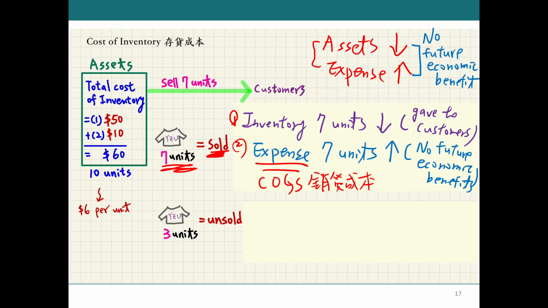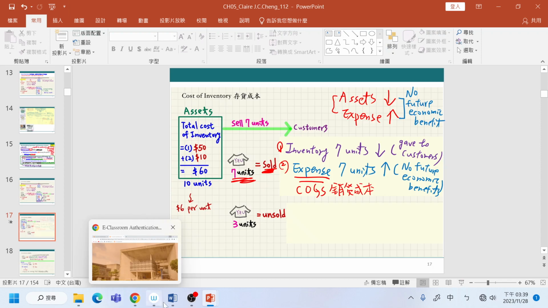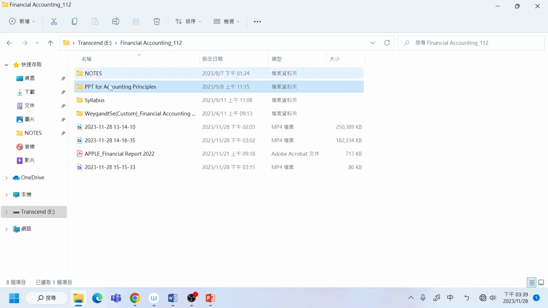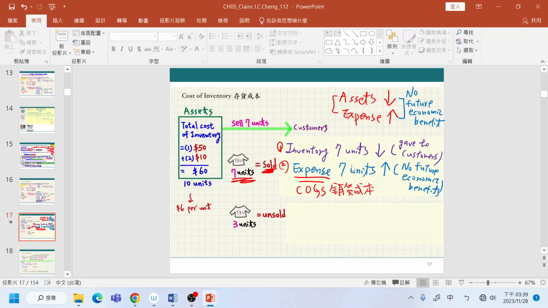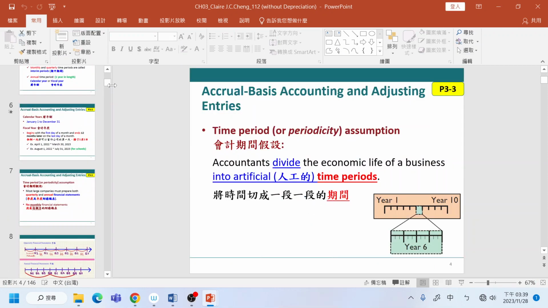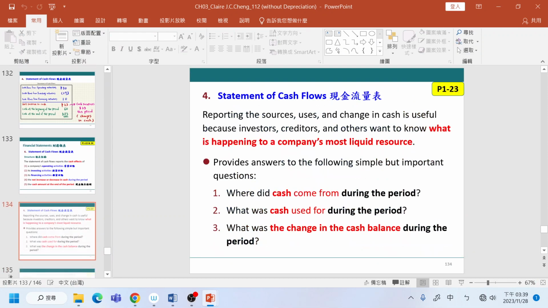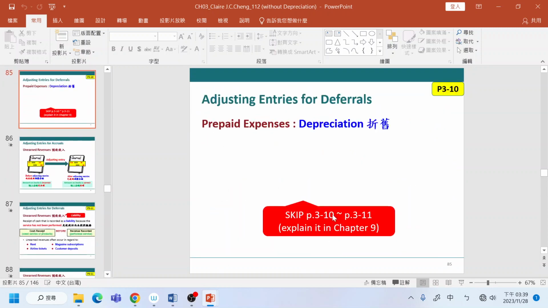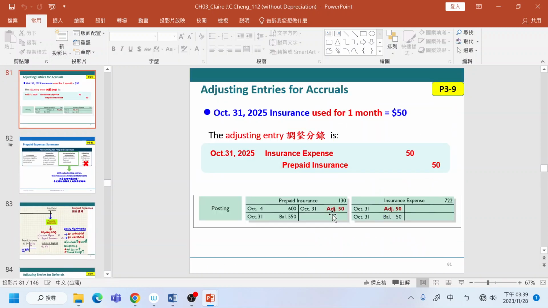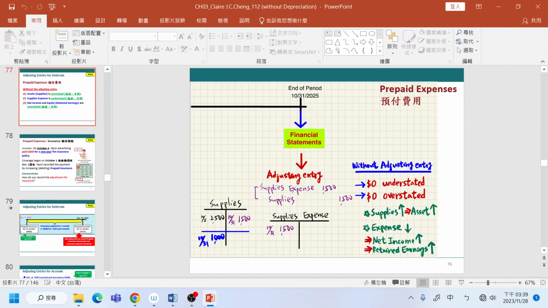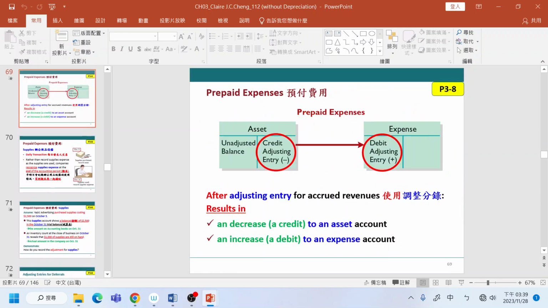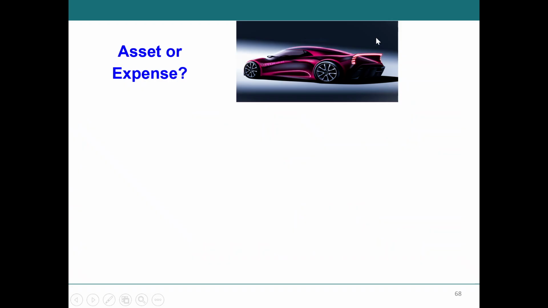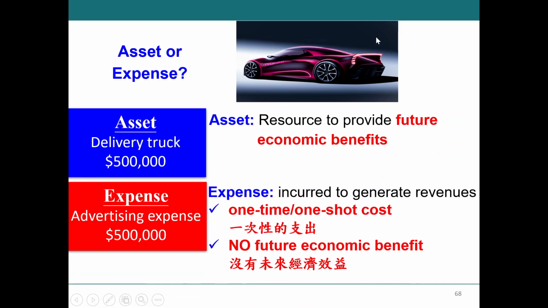If you forgot the relationship, you can go back to chapter 3. We talk about expenses and assets, the relationship, on page 68.